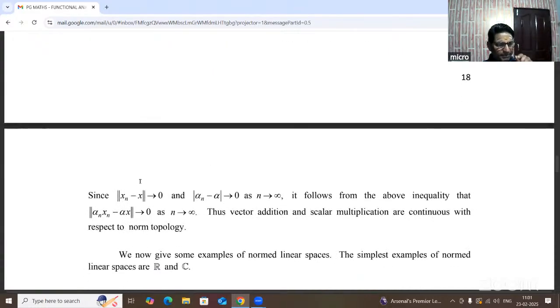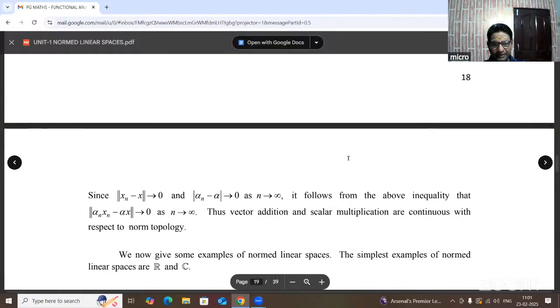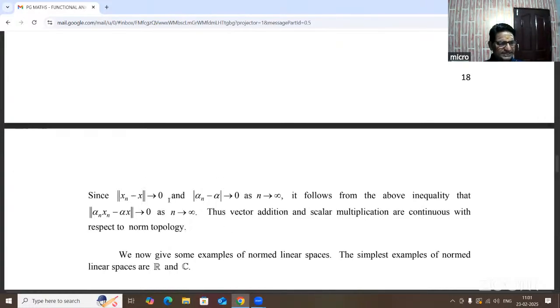Particularly here, we remember that throughout the sequences and vectors, we are representing things in terms of their norm. Norm xn minus x converges to 0 and mod alpha n minus alpha converges to 0 as n tends to infinity.